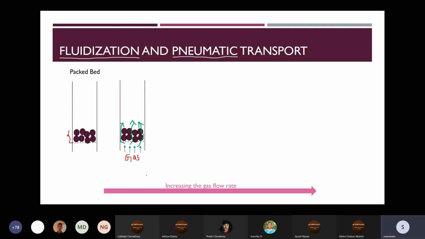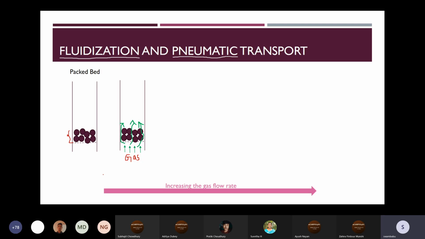At that time, what will happen? The gas will slowly permeate through the void spaces present in the particles without causing any movement of the particles. Why does this happen? There are forces acting on the particles.